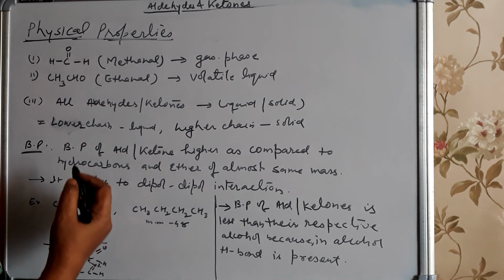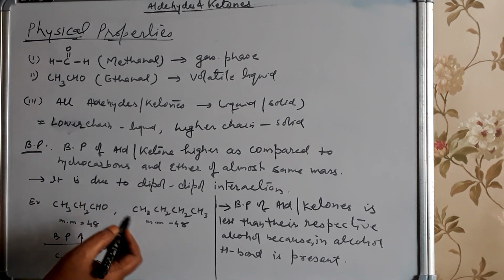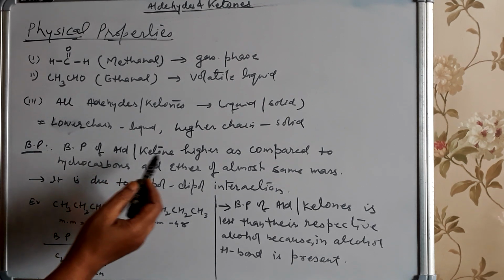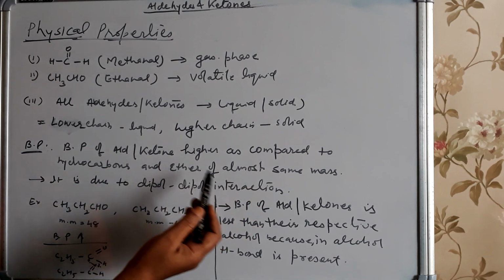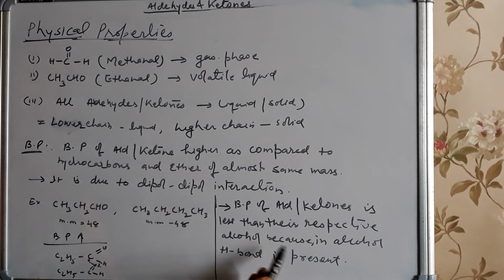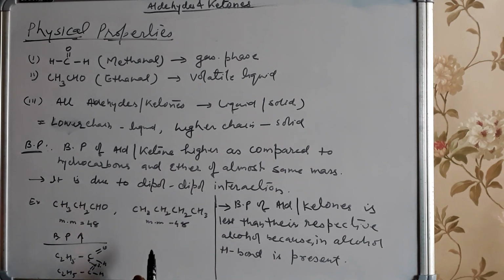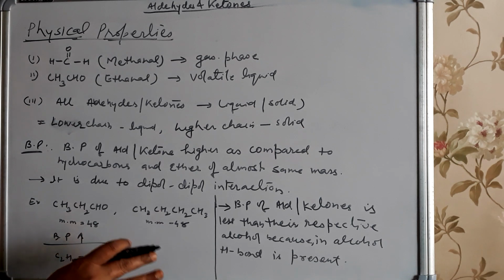Boiling point is an important part of physical properties. Many times reasoning questions have been asked from boiling point. The boiling point of aldehydes and ketones is higher as compared to hydrocarbons and ethers, but lower than alcohols, because in ethers or hydrocarbons there is no such force of attraction. Boiling point is simply based on their molar mass.